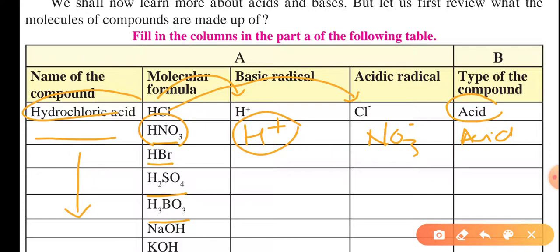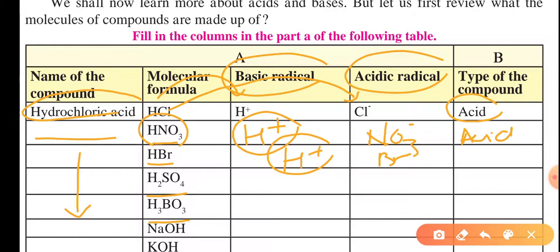Next is HBr. HBr is H plus and Br minus. Forget about basic radical and acidic radical for now, we will deal with it later. But for the time being, if it is H plus, then it is an acid. Next is NaOH. This is Na plus and OH minus.